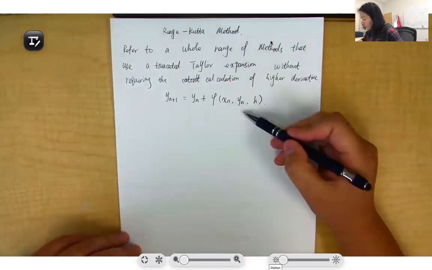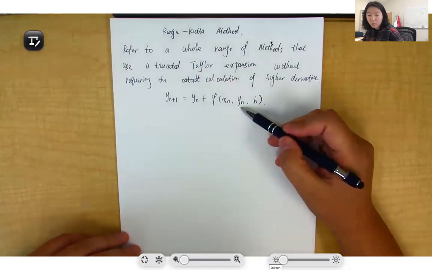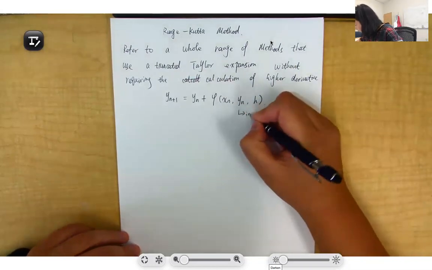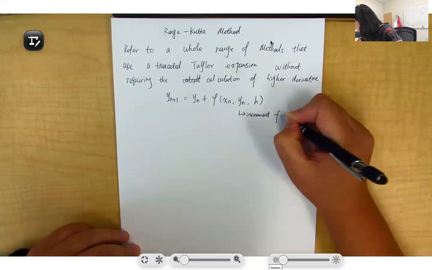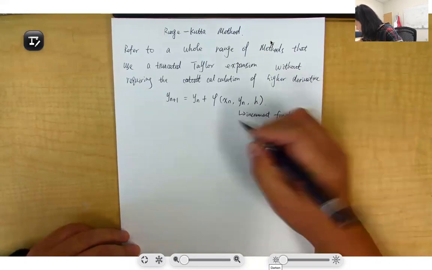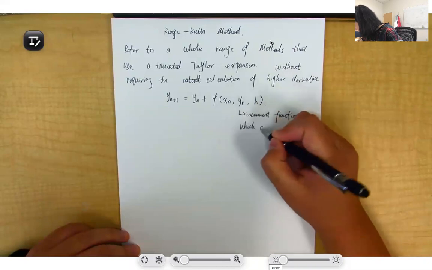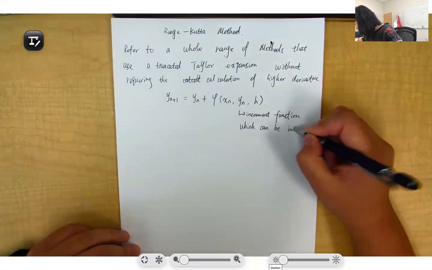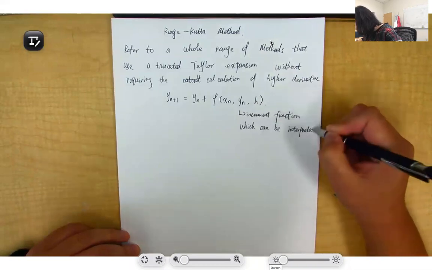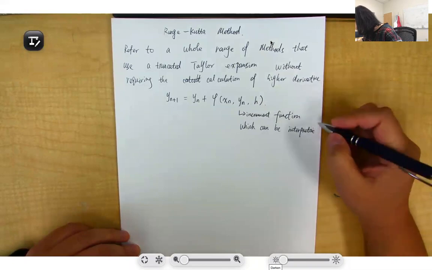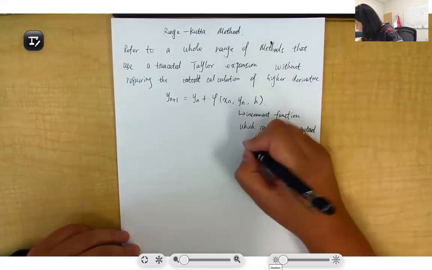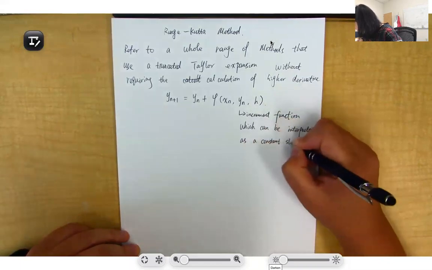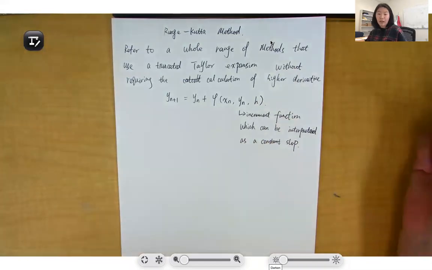And this y_n sometimes will be y_{n+1} star, etc. Those are the increment function, which can be evaluated or interpreted as a constant slope, or you can think of it as an average slope.